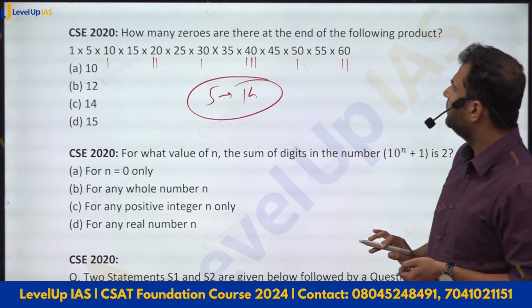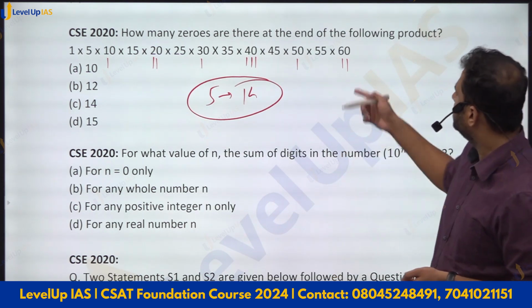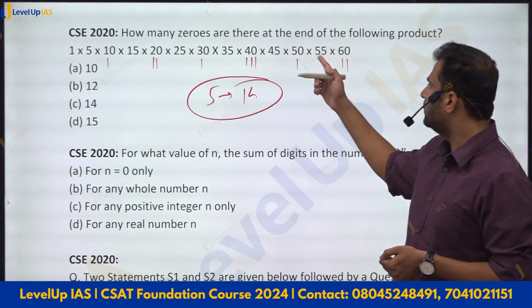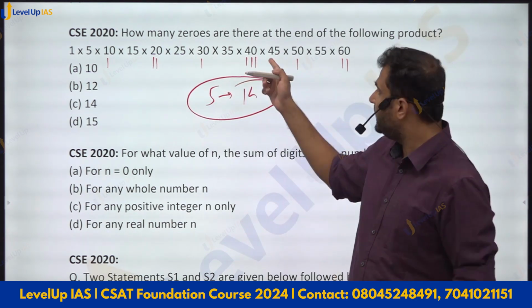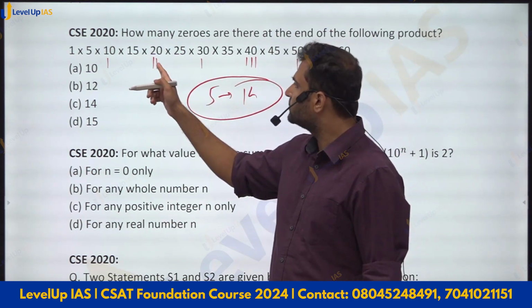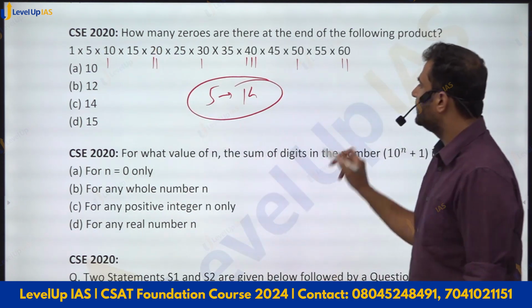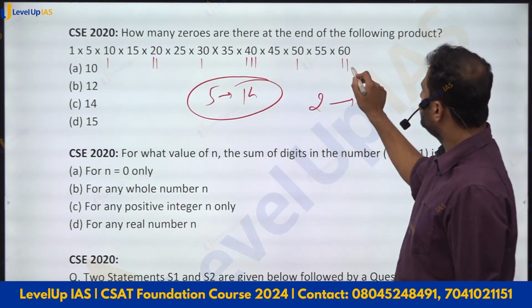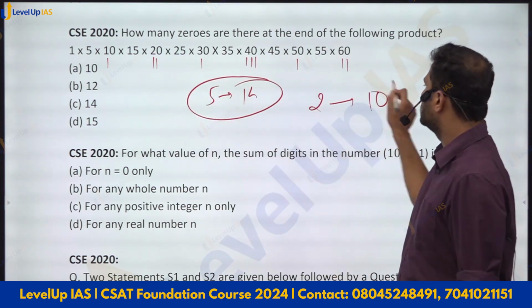Does 2 appear anywhere else? You can check. Here it appears twice. No. Here it appears only once. Here it appears thrice because there is 8 here. Here it appears only once. Here it appears twice. Here it appears once. That is all. So how many times does 2 appear? 2, 3, 6, 9 and 10 times.